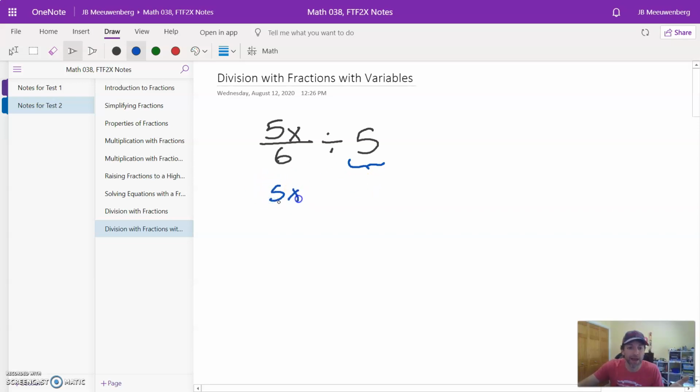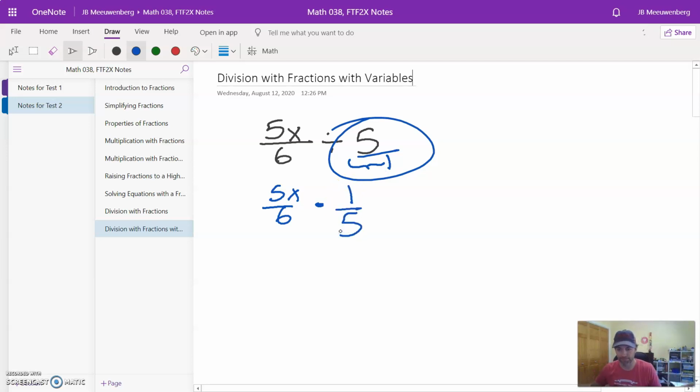So we still have 5x over 6, but now we're going to multiply it by the reciprocal of this thing. And a whole number starts as 5 over 1. The reciprocal is 1 over 5. Okay? Then we have it as multiplication.